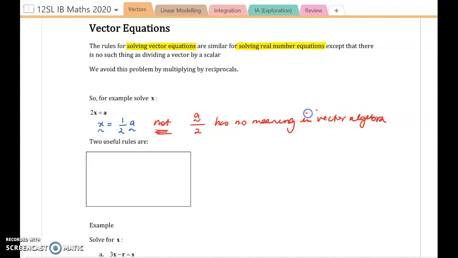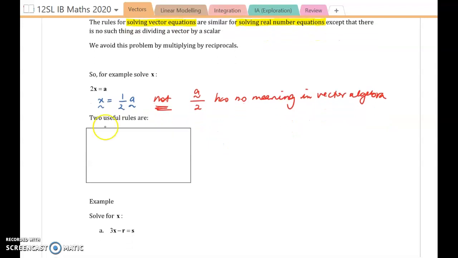And the reasoning I had for it personally would be, yeah, sure, you can divide the length of the vector by 2, but when you write it like this, it's as if you're saying you're dividing the direction by 2 as well, which doesn't make sense. So you just need to make sure you write it with the fraction in front.